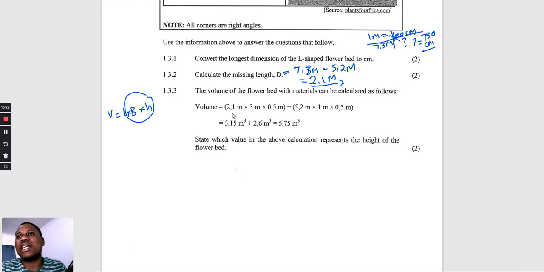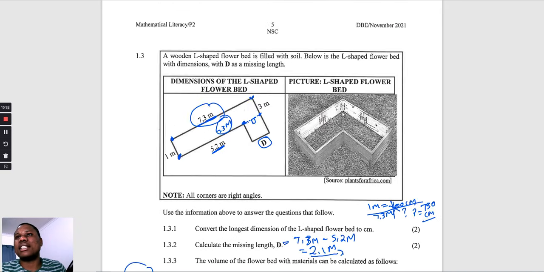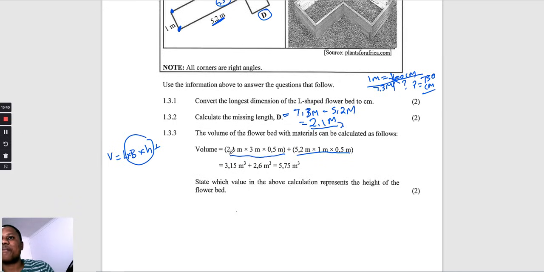Here they have entered the values for you. They have separated this flower bed into two rectangles and used the same formula. So now they say the volume is 2,1 multiplied by 3 multiplied by 0,5 plus the other part. Then the volume gives us that. There is no question here.